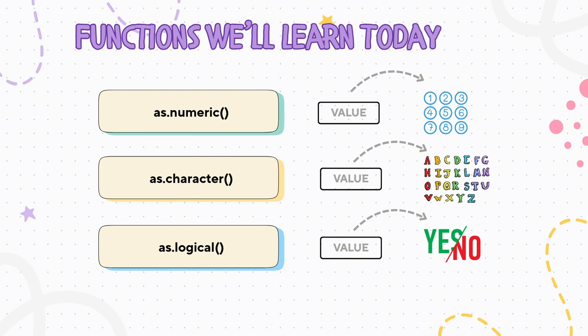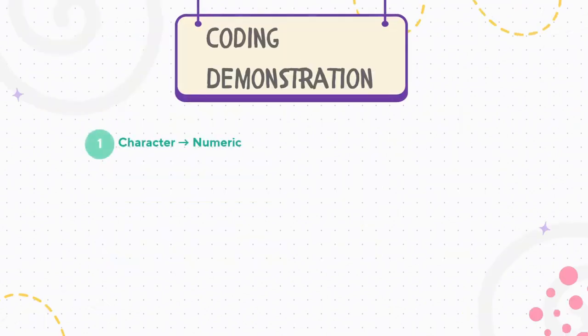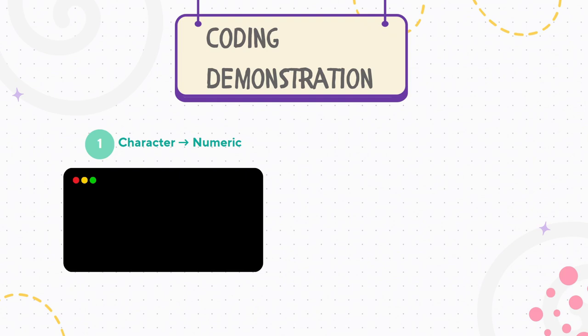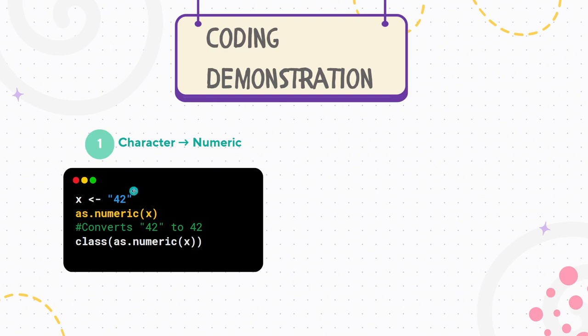So let's first see how they work, and then we will execute the conversion functions in our very own R compiler. So, coding demonstration. First of all, let's convert a character into numeric. For that, we would need to use the as.numeric function. Suppose I have a variable called x and I have a value of 42, which is a string value, as you can see from the double quotation, to assign to this x variable.